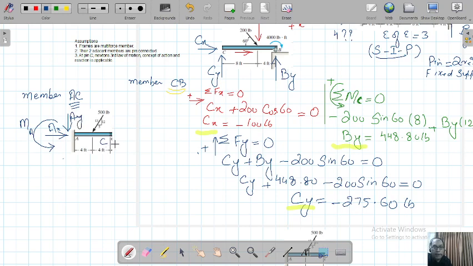Now C will have, very important, these are the direction senses for Cx we assumed. Here we will assume that this is our Cx, and we will assume this is our Cy.